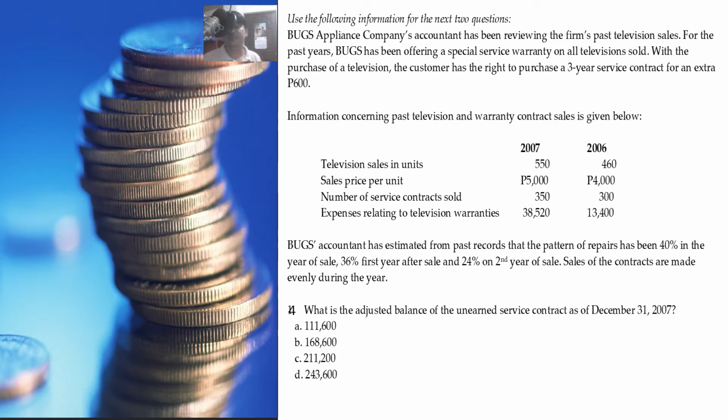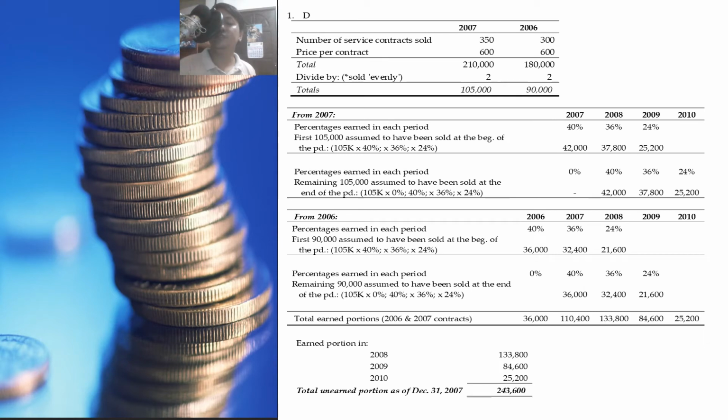Then 2007 and 2008 will follow. So, let's repeat the question: how much is the unearned service contract?